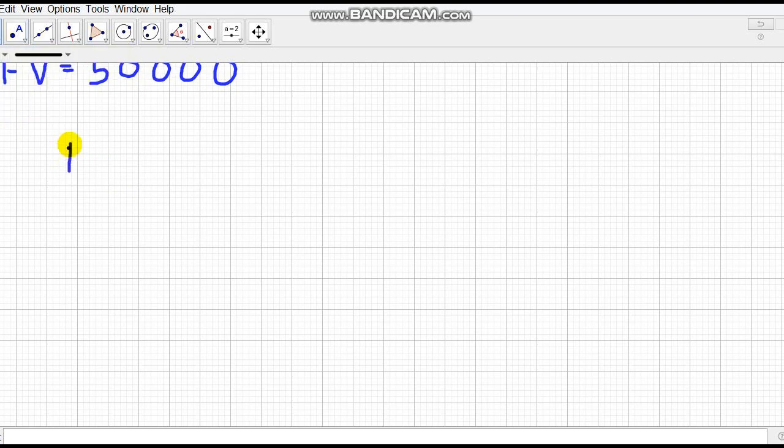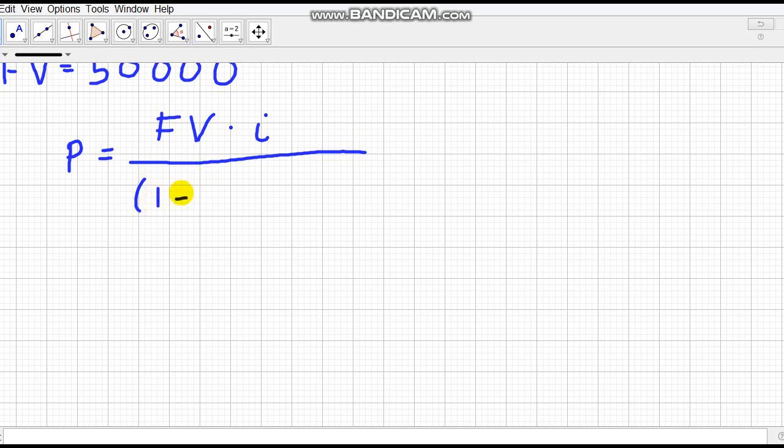So the periodic payment is equal to future value times the interest all over (1 plus I) raised to n minus 1.